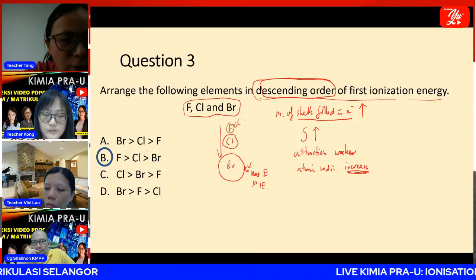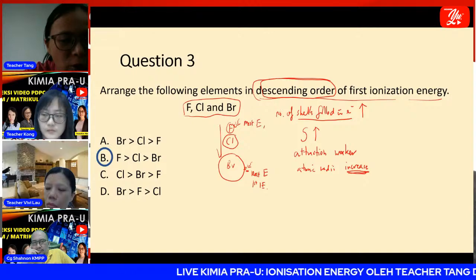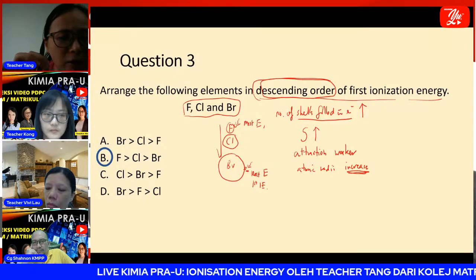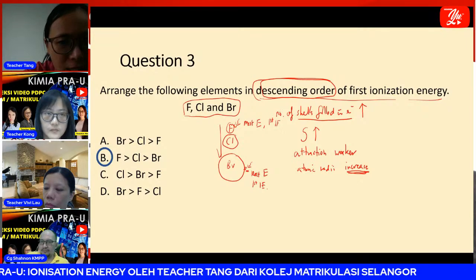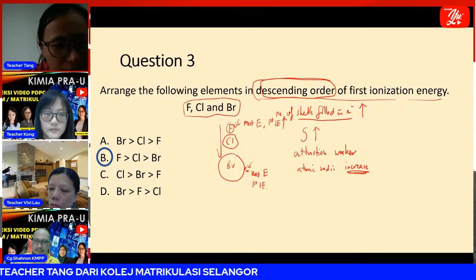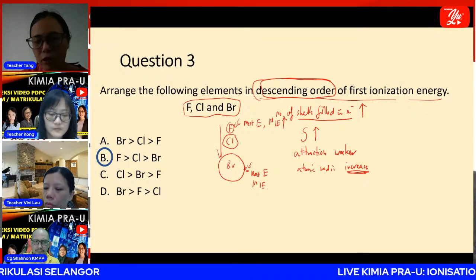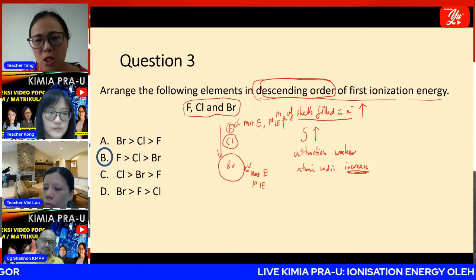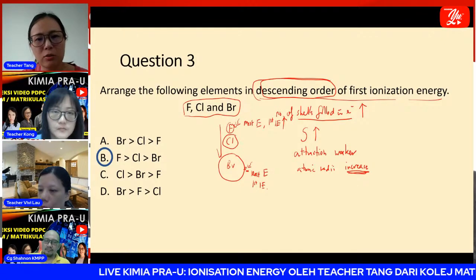If hardest to remove, it needs the most amount of energy, so the first ionization energy is the highest. Okay? So that is for the first ionization energy of elements across a period and also going down a group.